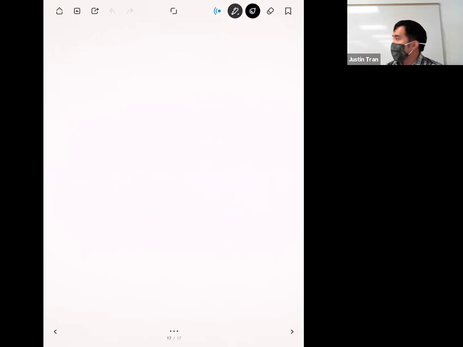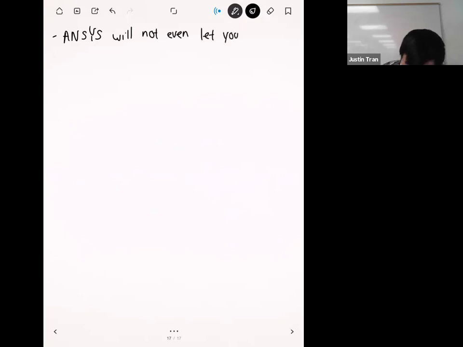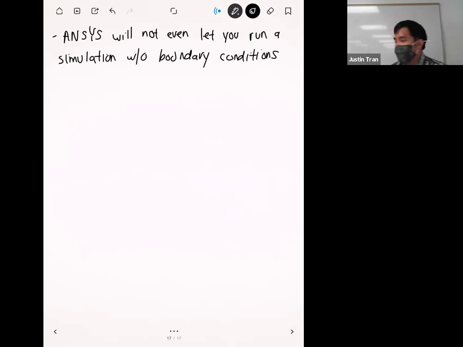When you try to run a simulation in Ansys without boundary conditions, Ansys will tell you that it doesn't have enough boundary conditions to solve for a solution. It will actually give you an error that basically says that nothing's going to happen.